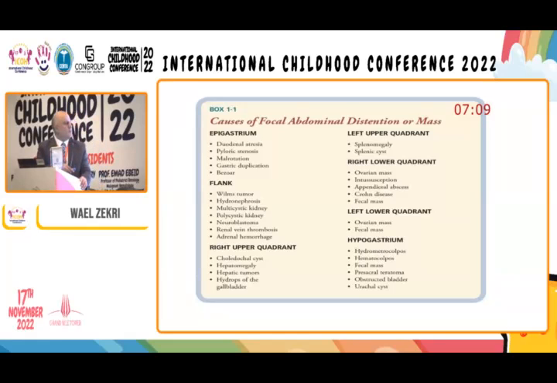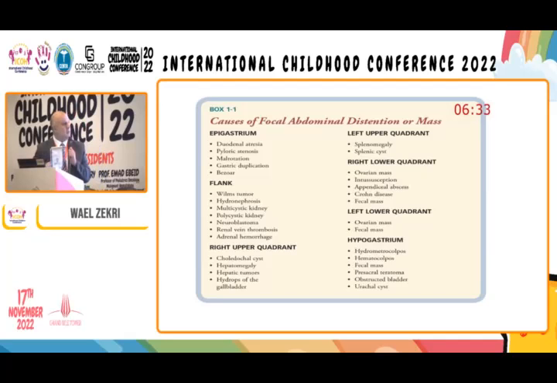When we go to one of the flanks, we may find some kind of tumors like the Wilms tumor, the renal tumors in general, or something like neuroblastoma. We can find something benign in the adrenal regions like benign adrenal hyperplasia or adrenal hemorrhage, or of course we can find inflammation in the kidney.